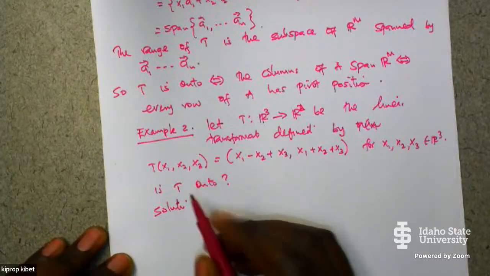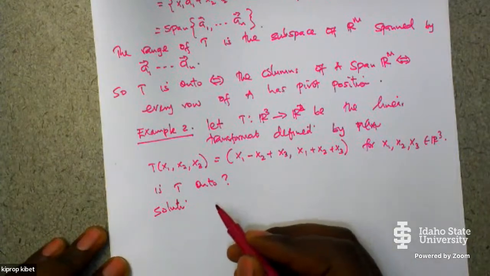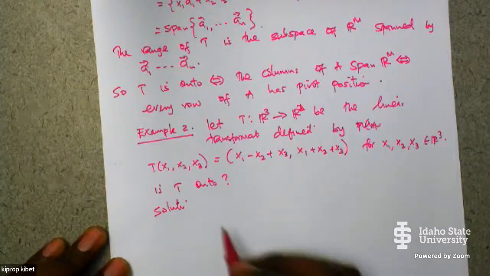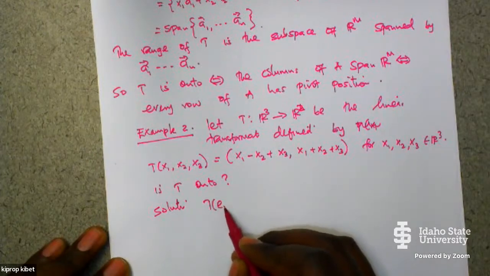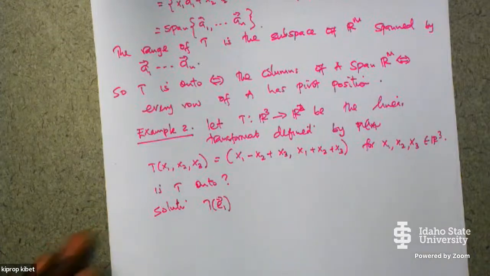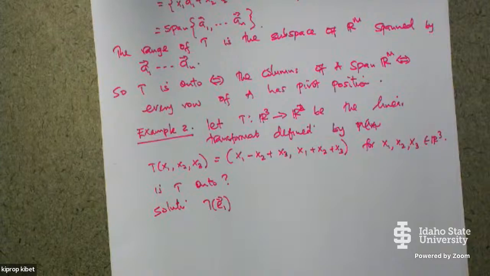If you remember, by definition, T of e1 is where the input is 1, 0, 0, so x1 is 1 and the others are 0. T of e2 is 0, 1, 0, that means x2 is 1. T of e3, that is x3 is 1.